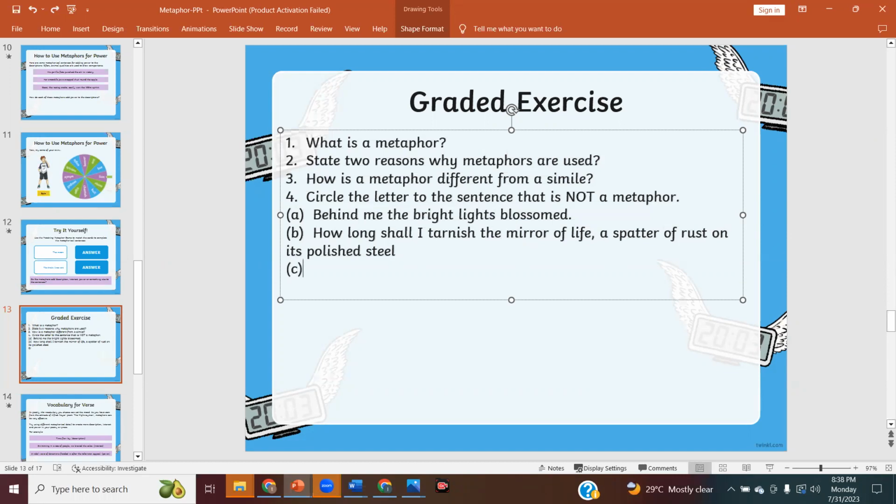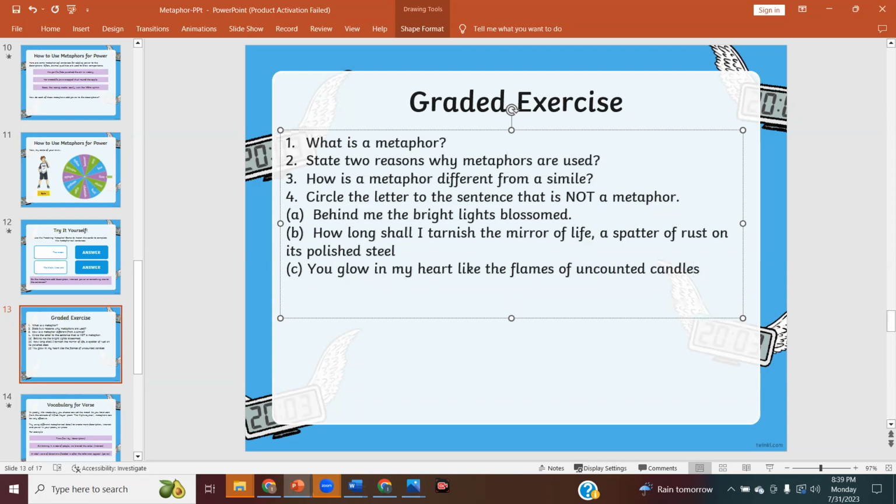C. You glow in my heart like the flames of uncounted candles.